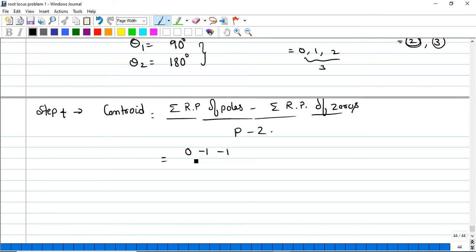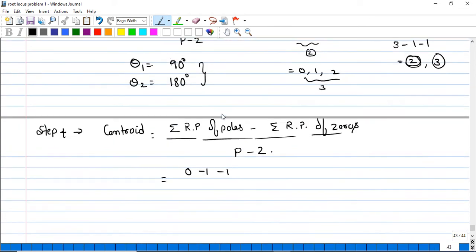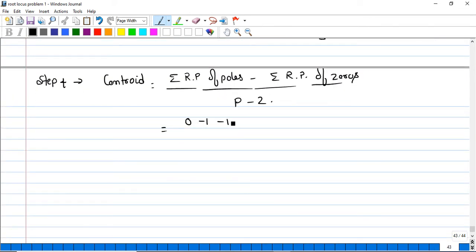And I have one more zero in the numerator, a real root, s plus 2, that is minus 2. So minus of minus 2, whole divided by p minus z, that is 2. I am getting minus 2 plus 2, that will be 0. So the centroid will be at the origin.